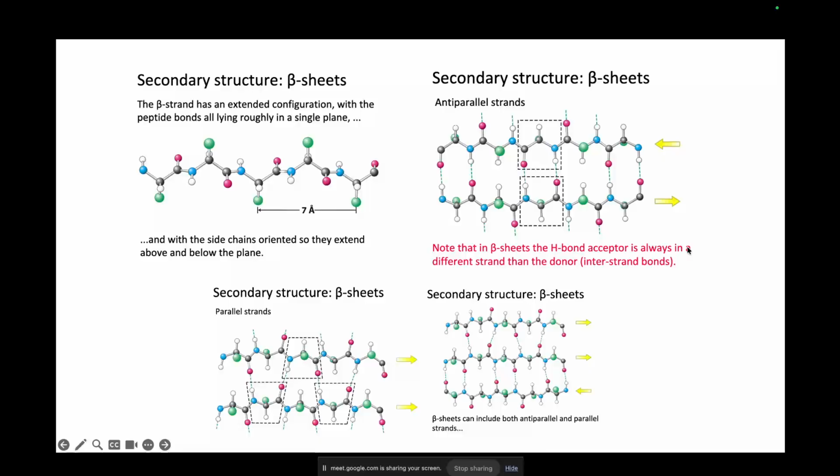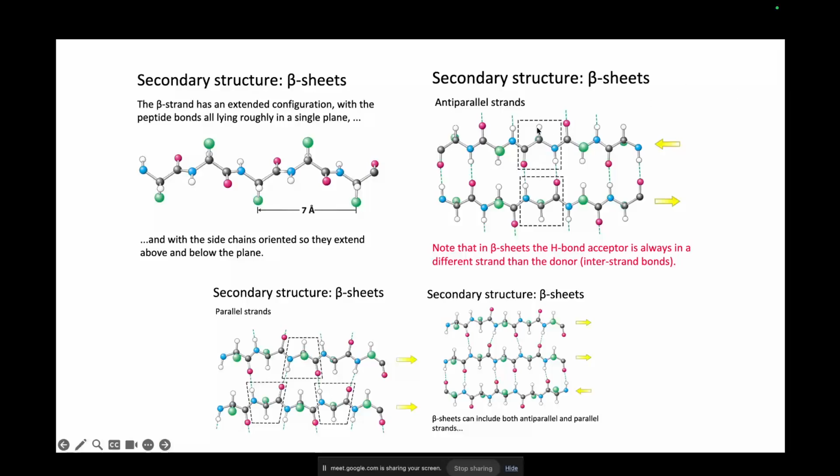Okay, so that was for alpha helices. For beta sheets, we have discussed this again. You have sheets of these polypeptide chains where you have anti-parallel strands, and each of these strands have hydrogen bonds between them, which stabilizes and makes this a sheet-like structure.